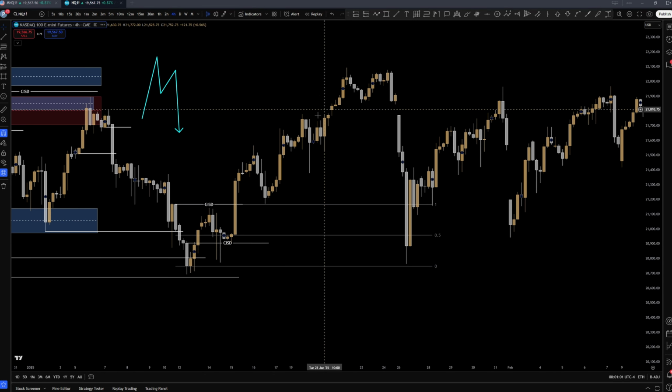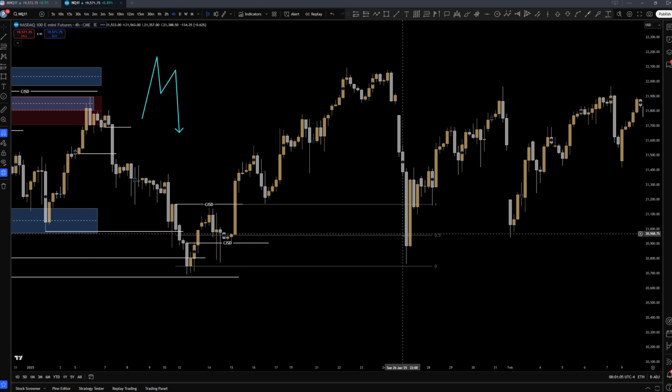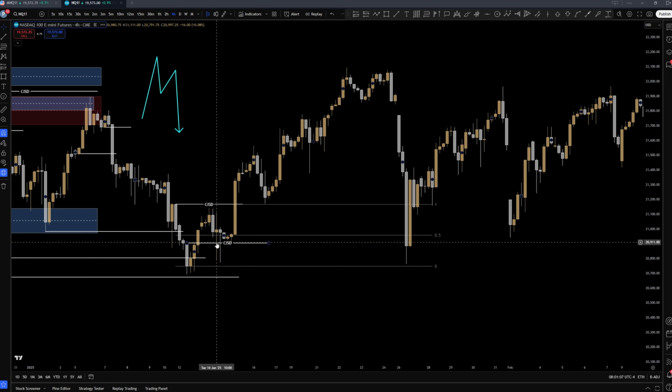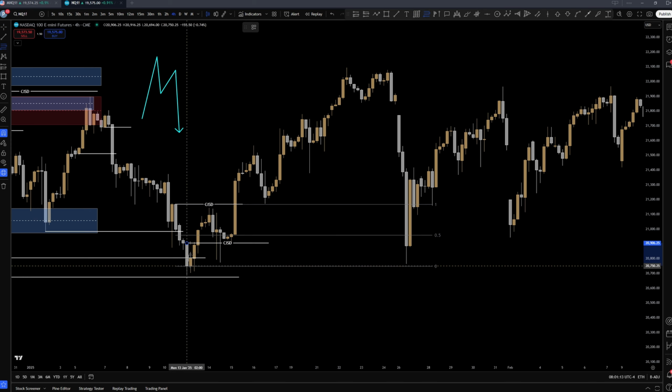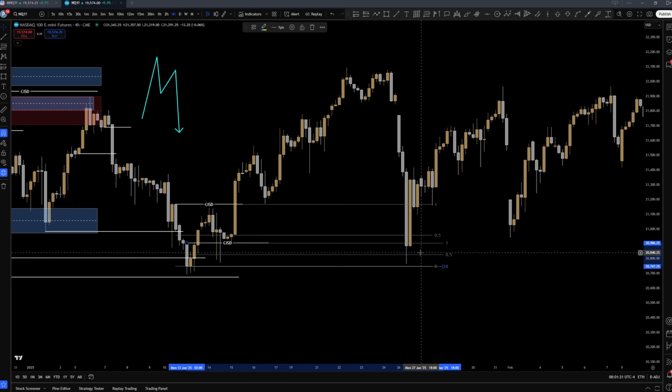But after breaking structure, you're likely to get a pullback. And we got a pullback all the way down into this order block. And if you took the mean threshold of that single candle there and drew it out, you tap right into it, you respected it, you've gone back up, you haven't closed below it. So that's also a legit trade, right?